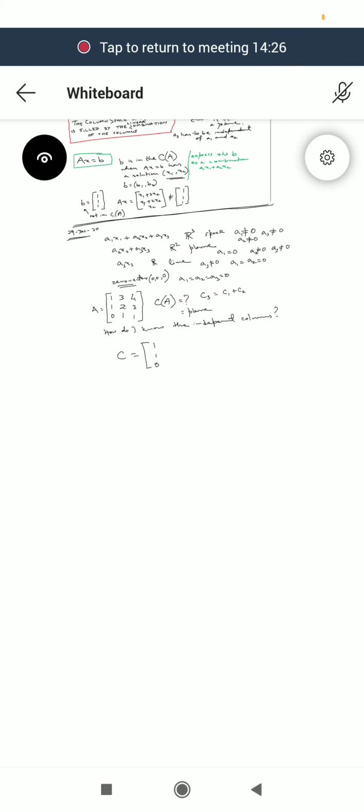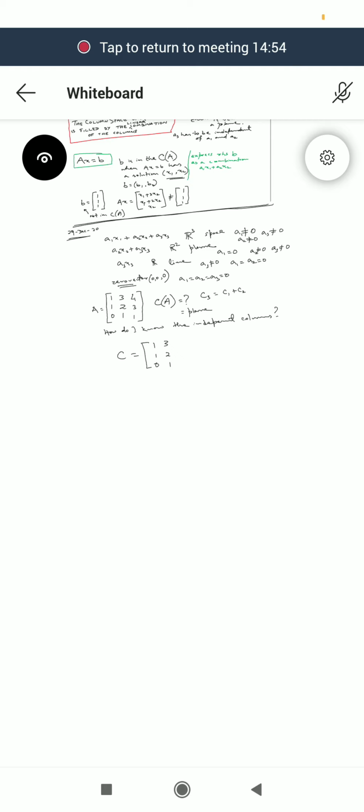The second step is to take the second column and compare it with the first column and check whether the second column is a multiple of the first column or not. If they are not, then simply put it here.